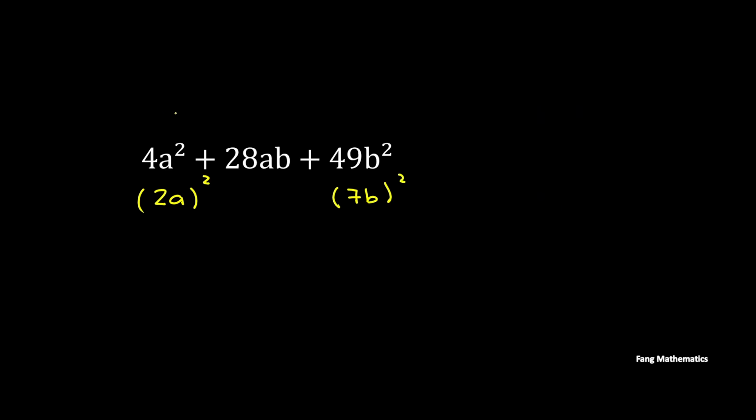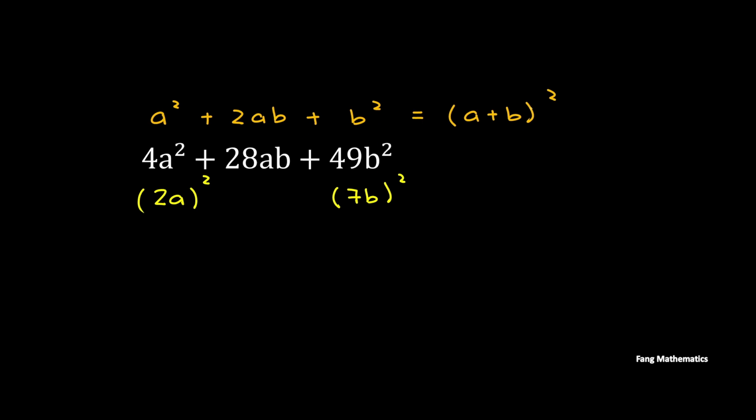Let's recall your perfect square formula. I believe you should have a squared plus 2ab plus b squared is equal to a plus b inside the parentheses squared. So if you are to look at this 2a inside the parentheses, in this case it is a form of a, and if you are to look at the 7b inside the parentheses, this is in the form of b.